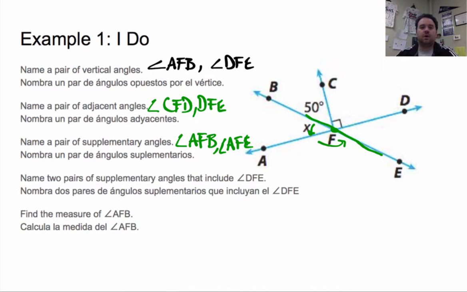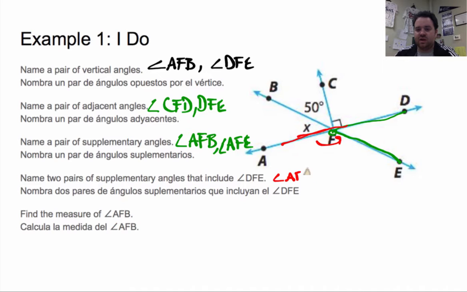Okay. Now the directions are just getting more specific. Name two pairs of supplementary angles that include angle DFE. So I have to use this angle here, all right, and name two supplementary angles. So that one makes a straight line here. So I could go with DFE and AFE because those two together make a straight line. So that's one of my options.